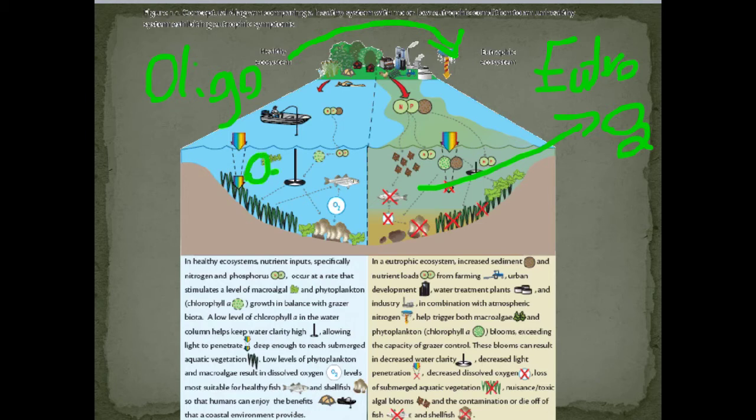So here, O2 is present. With no O2, you get fish kills. Fish tend to not accumulate, and then with that phytoplankton and bacteria growth, as they live and die, they start to build up sediment at the bottom. So here you can see an oligotrophic lake, very healthy.